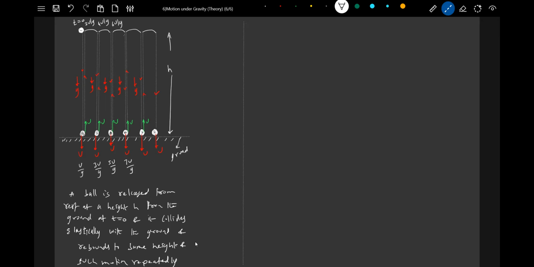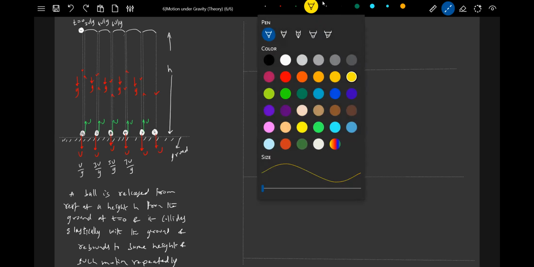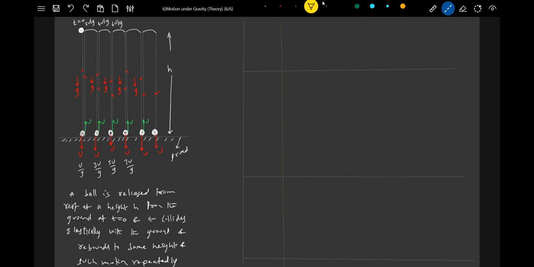I think you have to be careful when you are plotting the graph. No, the ball is released from rest.